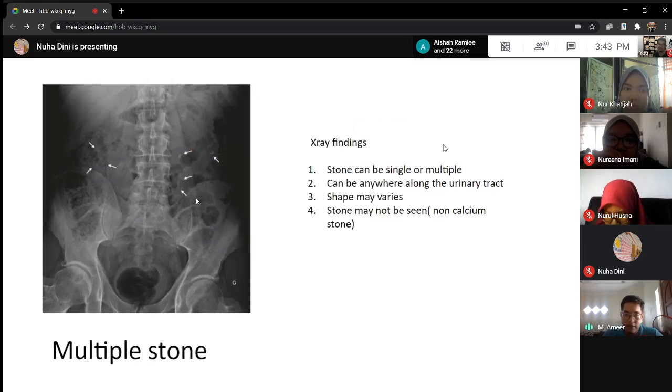Okay, this is another example of a KUB X-ray. The finding in this X-ray is multiple stones.